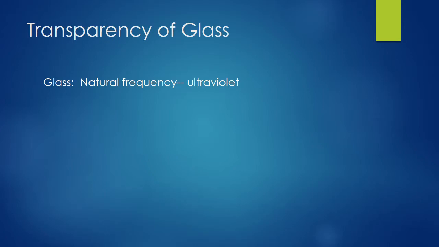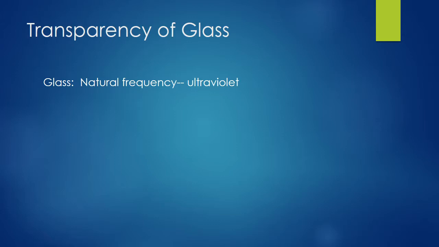So let's talk about transparency of glass. The natural frequency of glass is equal to ultraviolet light. So if you've got sunlight from the sky shining down into your window, the natural frequency of that glass is going to match the natural frequency of the ultraviolet light, but not of the white light.